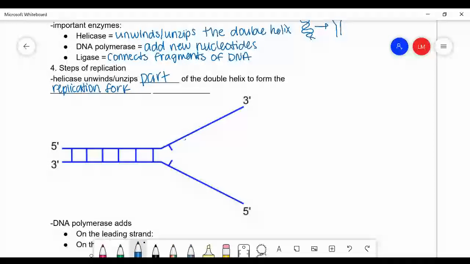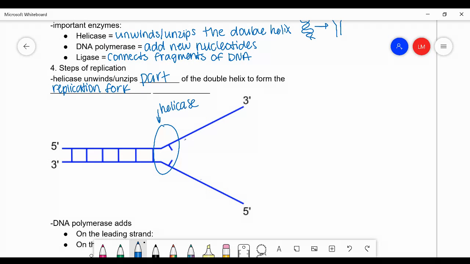Below we have a pretty simplified version of DNA that literally looks like a ladder, but we do have our 3' and 5' ends labeled. Remember, that's just which way the sugar is flipped, because that will be important in DNA replication, because replication is not going to happen in the same way on both strands. So here's our helicase.